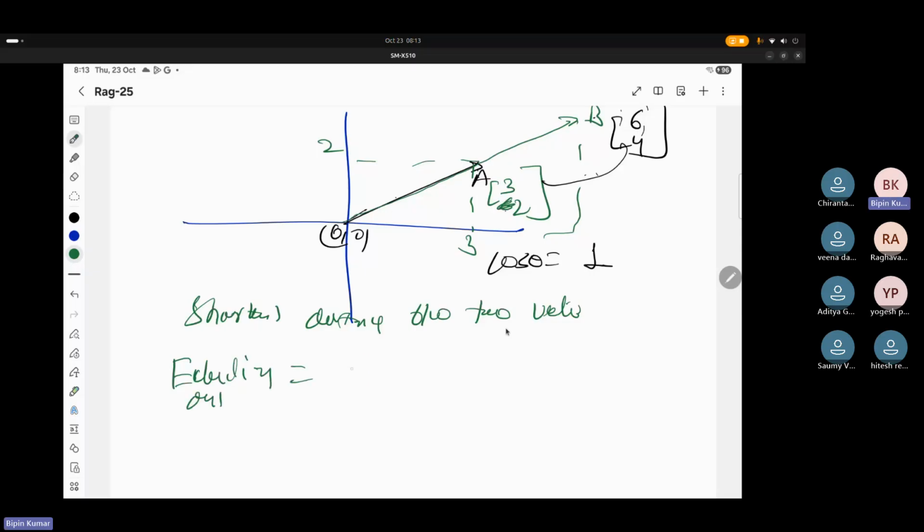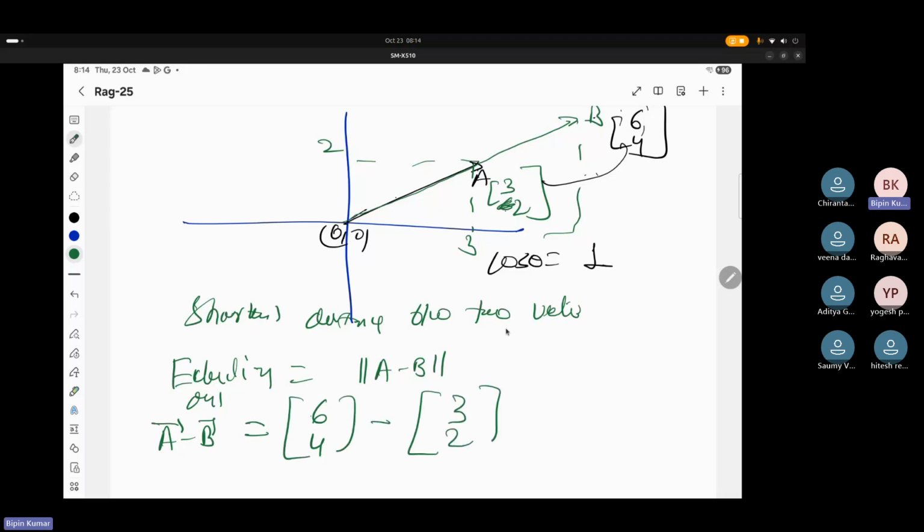In Euclidean distance, the formula is norm of a minus b. There are two vectors, for example 6 4 and 3 2. First let's calculate a minus b, that is 6 4 minus 3 2. So this will be 3 2, right? 6 minus 3 is 3, 4 minus 2 is 2.